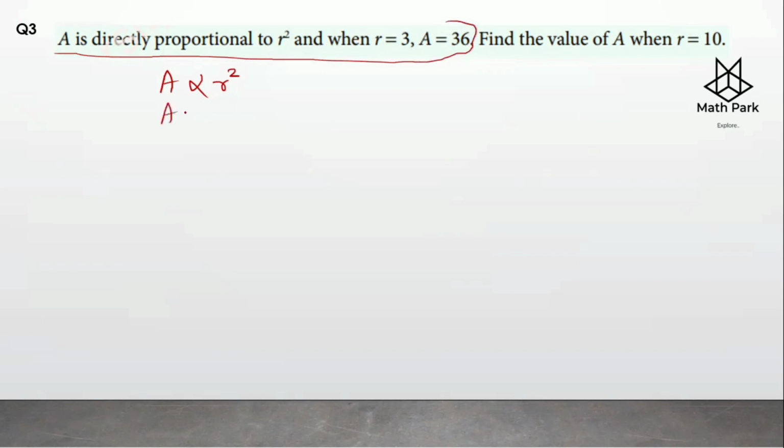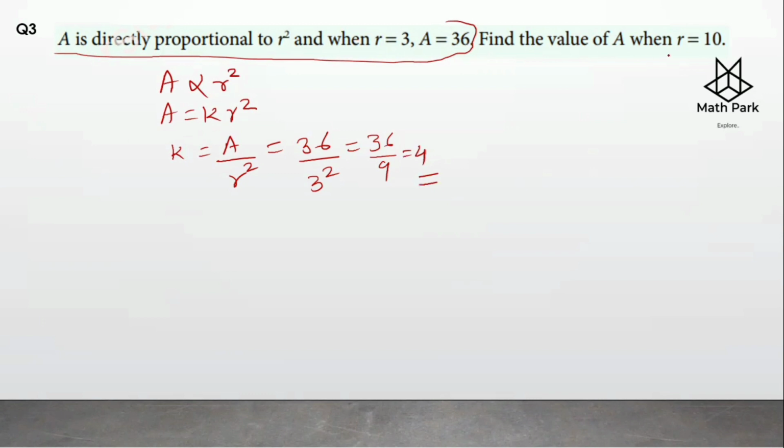So we have A is equal to k r square. Let us find the constant of proportionality. So k is equal to A upon r square. A is 36 and r is 3, so 3 square. So 36 divided by 9, which is 4. So we got the value of k as 4.